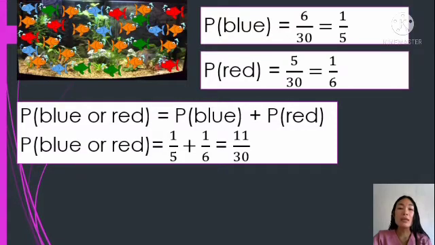We know that probability of blue is 1/5, so we substitute 1/5 plus the probability of scooping a red fish, which is 1/6. 1/5 plus 1/6 equals 11 over 30. So that is the probability that Steven will reach in and scoop out a blue fish or a red fish on his first scoop.